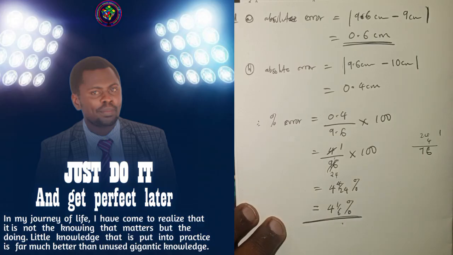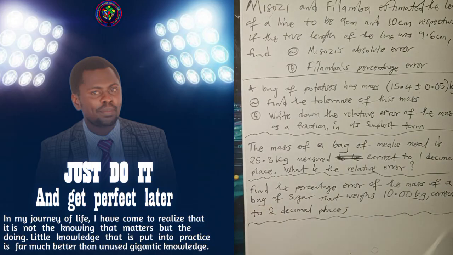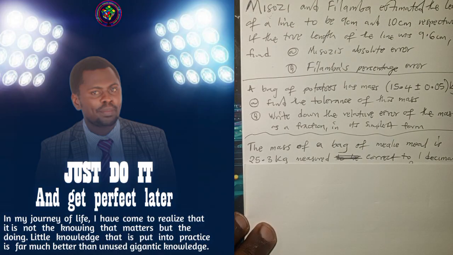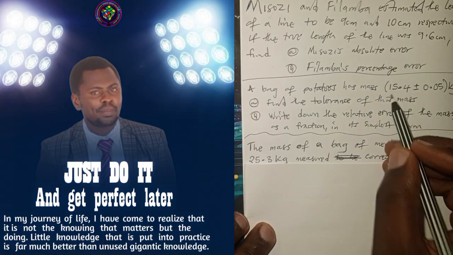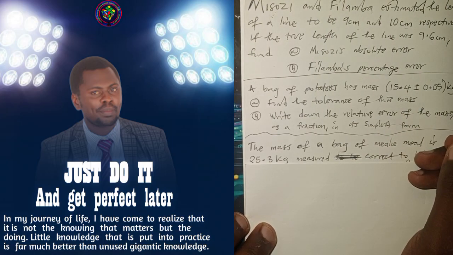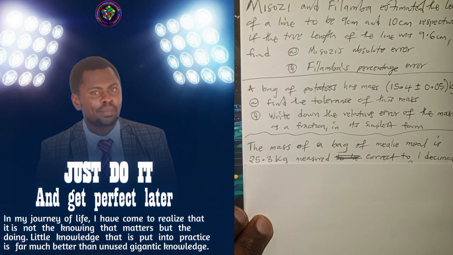So that is the percentage error. We go to number 2. A bag of potatoes has a mass of 15.4 plus or minus 0.05 kg. If you see a plus or minus and a number there, it means that is the absolute error. So 0.05 is the absolute error. Find the tolerance of this mass.